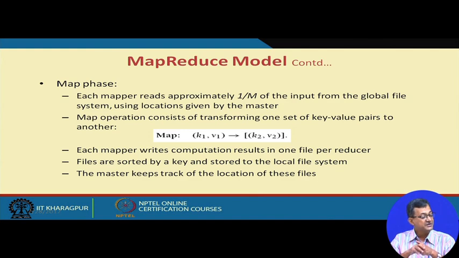The master keeps track of the location of these files. So, there is a MapReduce master which takes care of the location of the files. Each mapper produces one file for every reducer, and the master tracks where the files are stored on the local disk.